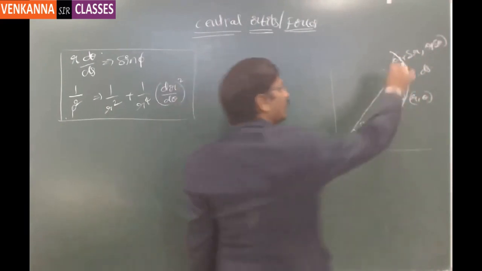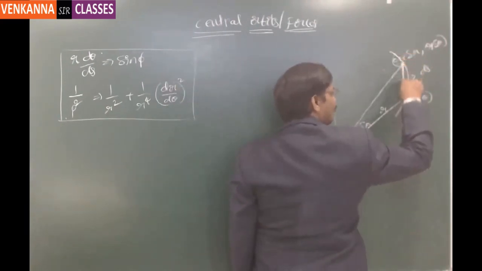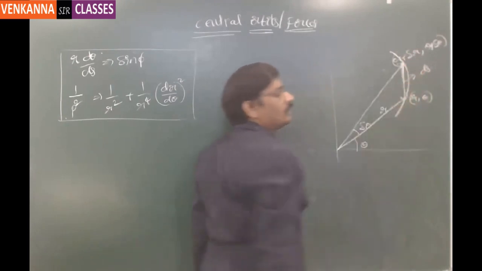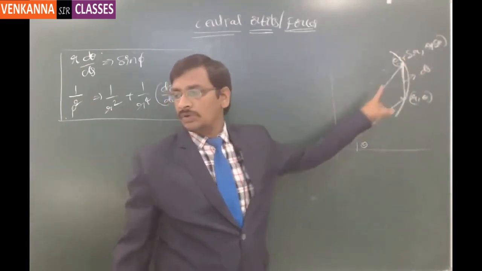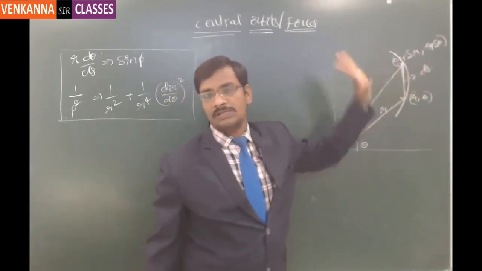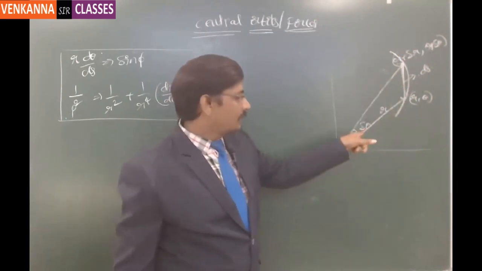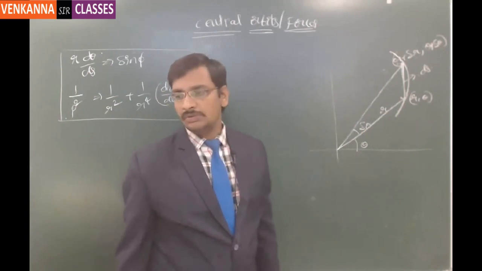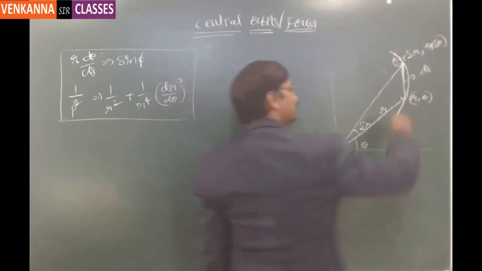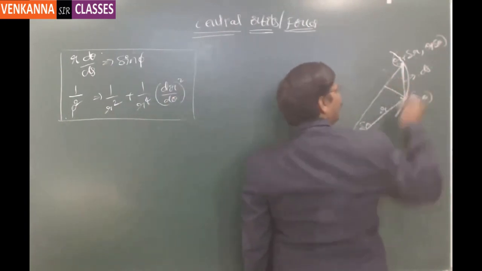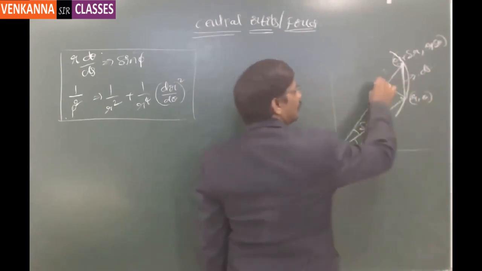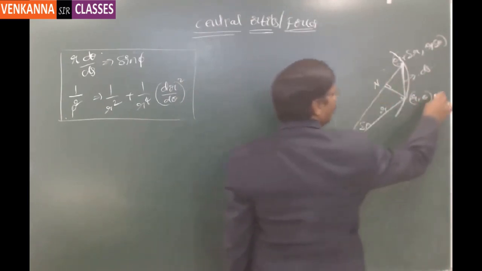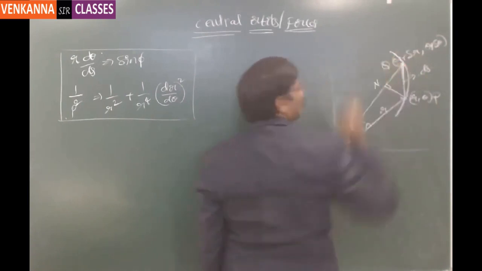So for this arc I am approximating the arc length as ds, where ds tends to 0, and this straight line and this arc are one and the same. At that time delta theta will tend to 0 and delta r also will tend to 0. So based on this understanding, if I draw a perpendicular here, let us call this n and this point p and this point q.